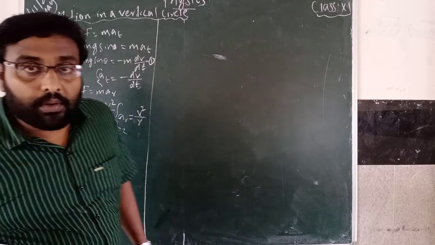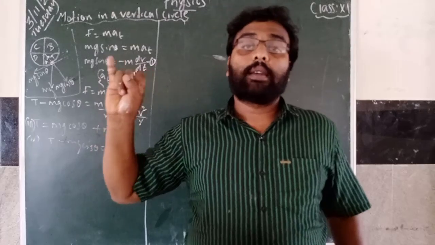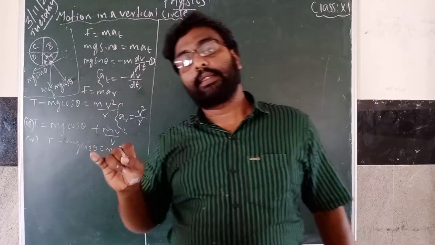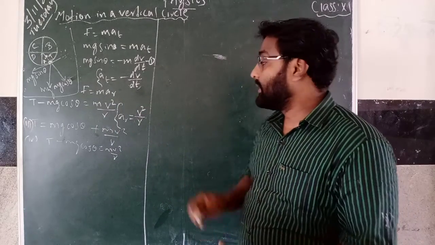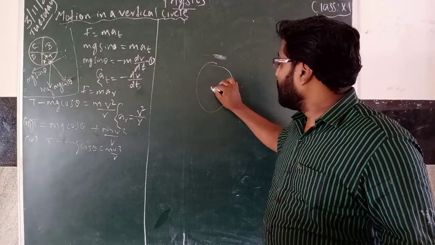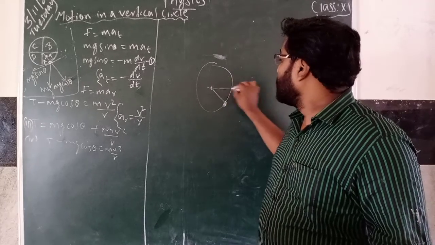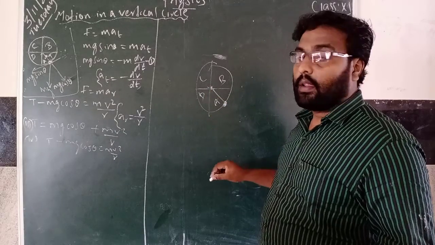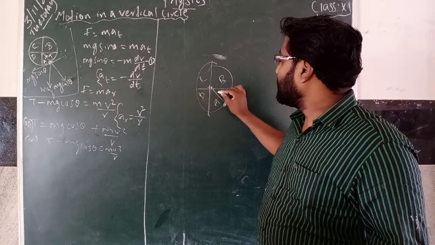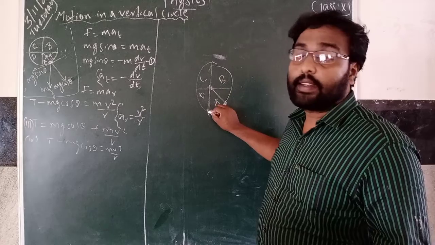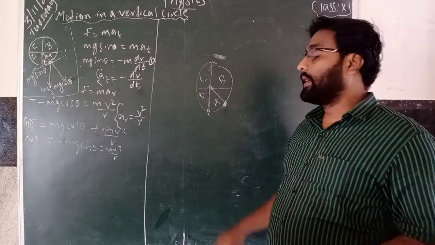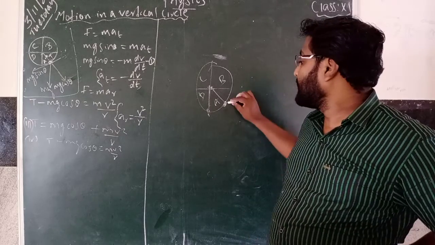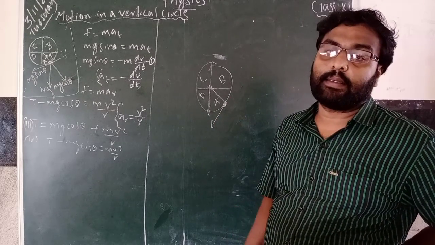First fact is what? The mass is having tangential acceleration in all directions, except, so this is a circle, and the mass is attached here. So these are the four sections A, B, C, D. Except at 0, when the mass is reaching here, the theta value will be 0. Except in that area, the mass is having tangential acceleration.